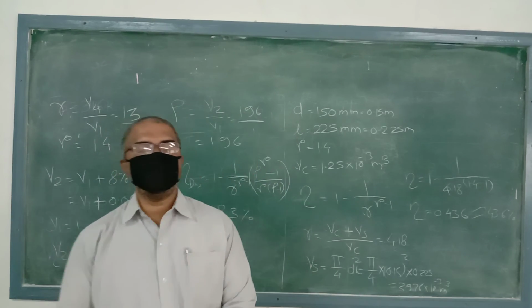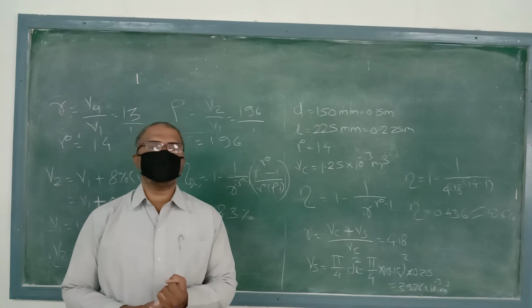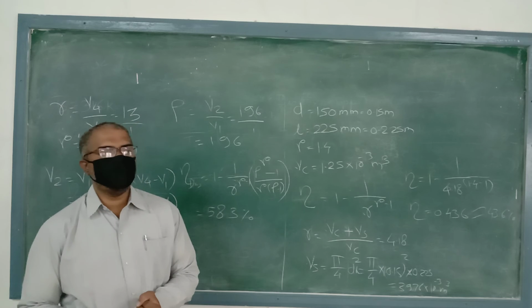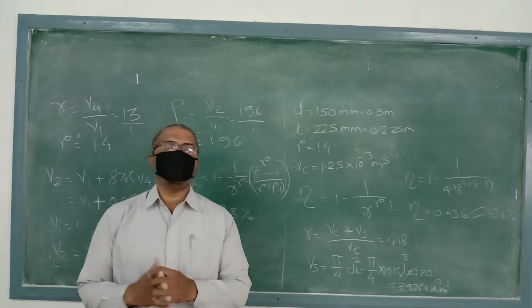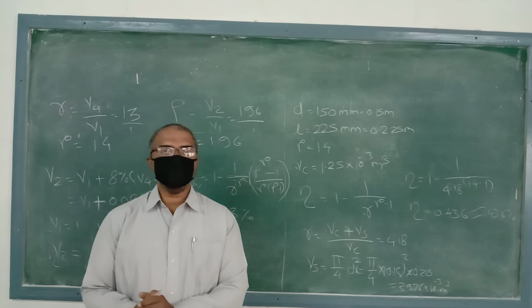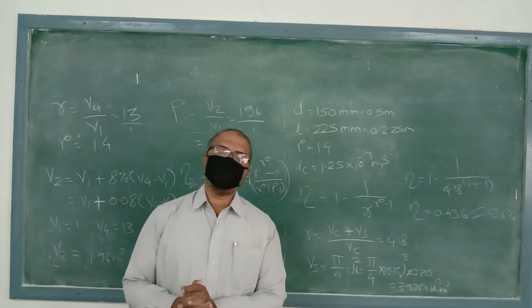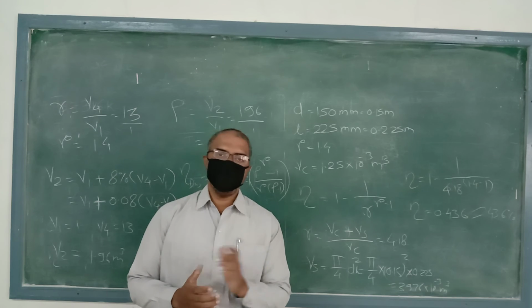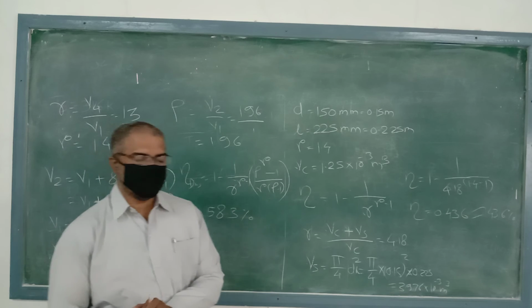We have seen totally 3 problems. First related to Otto cycle, when they have given the isentropic compression process and we have to calculate the efficiency of the Otto cycle. In that case we are using the relation between the volume and temperature related to the compression ratio.